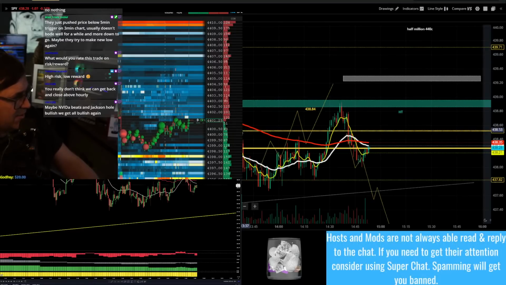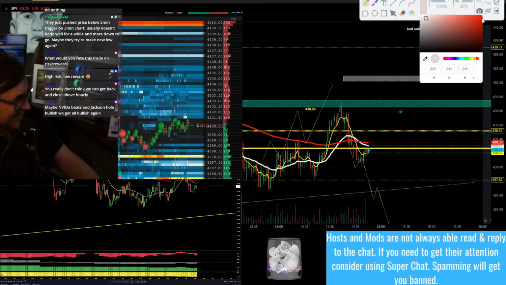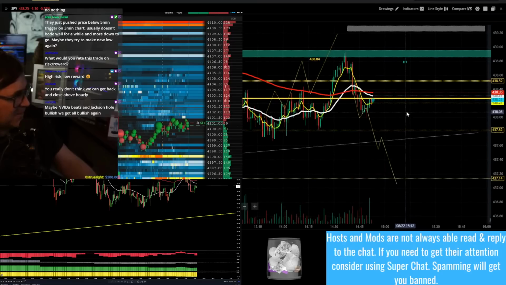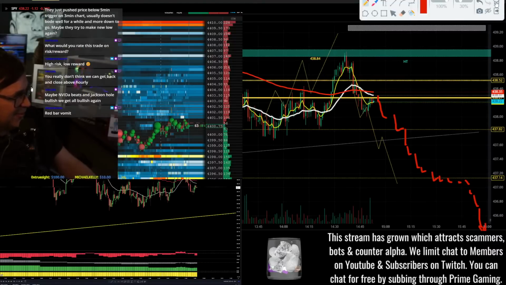Dude, they want to rain red bars down so bad here. If you're a seller, if you're just a bear, you're like, I just want red bars of death all the way down here. I want red bars of death into the bell. I want under 437. I want under this down here. Let's do the full 100-point move today.